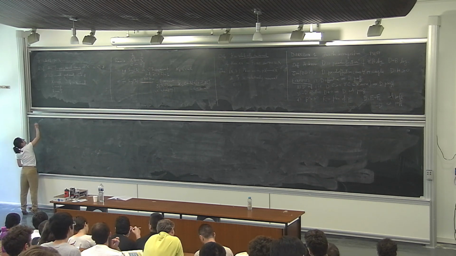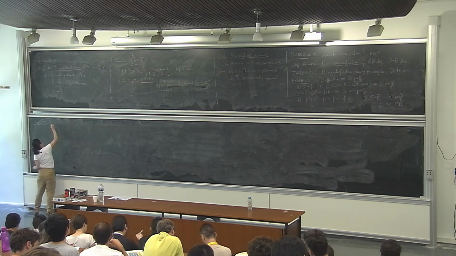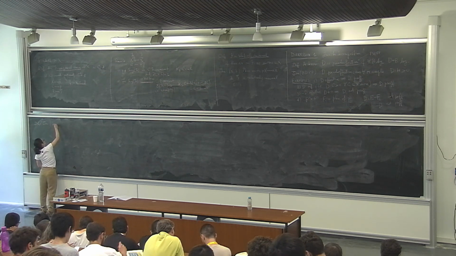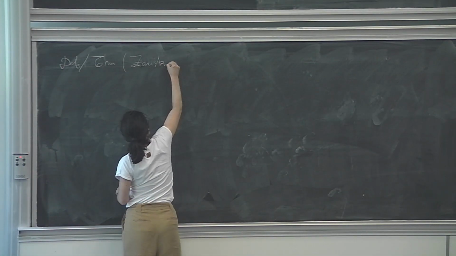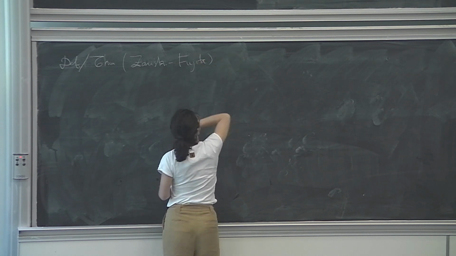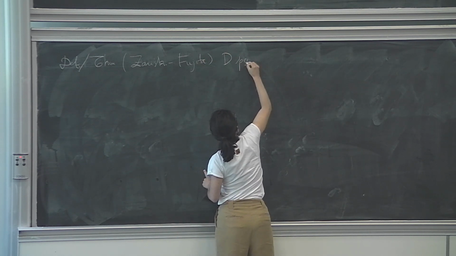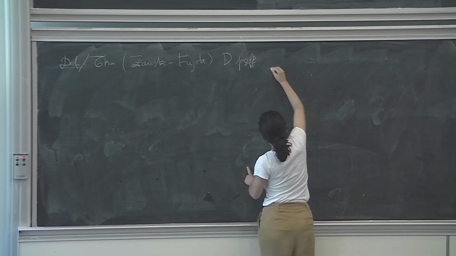Now, an important definition, it's also a theorem by Zariski and Fujita. So we consider D a pseudo-effective divisor.